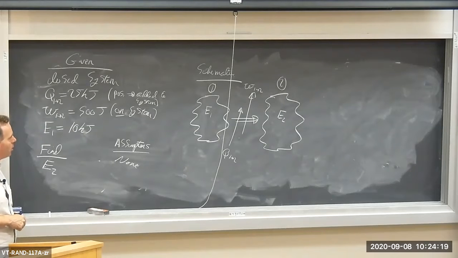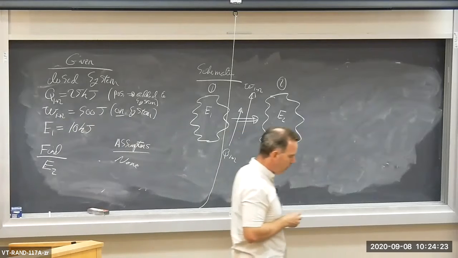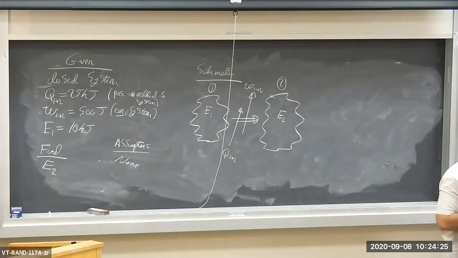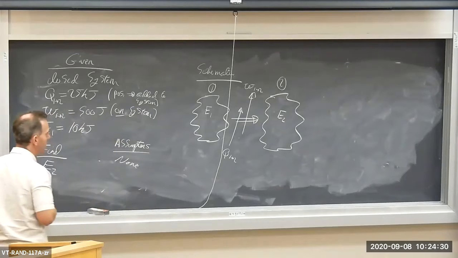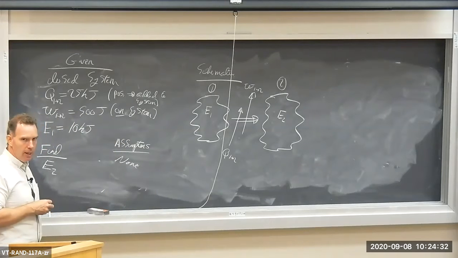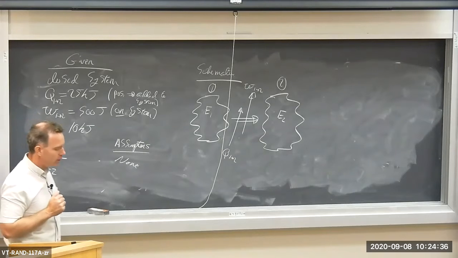Then we have work done on the system by an amount 500 joules. All right? So the system is receiving energy in the form of work.